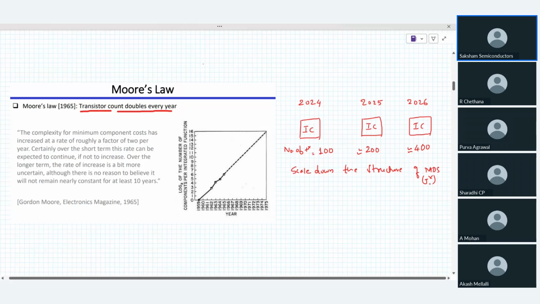But scale down, in the sense, let me give one simple example.